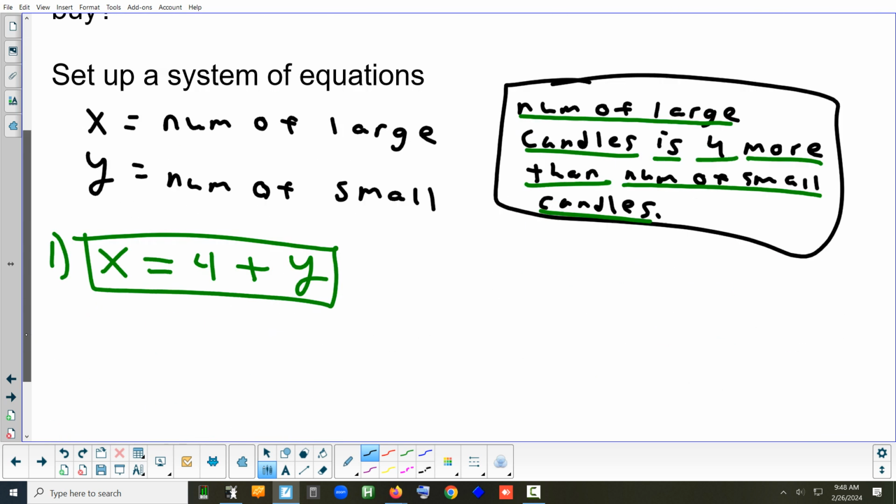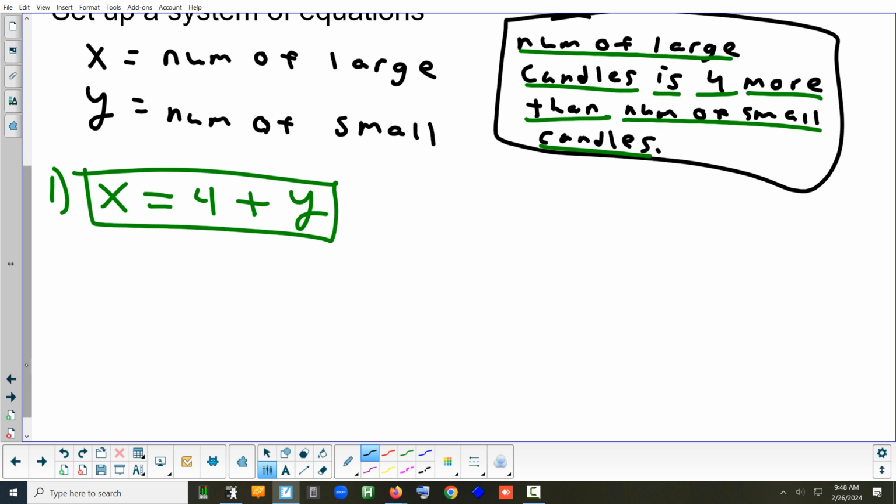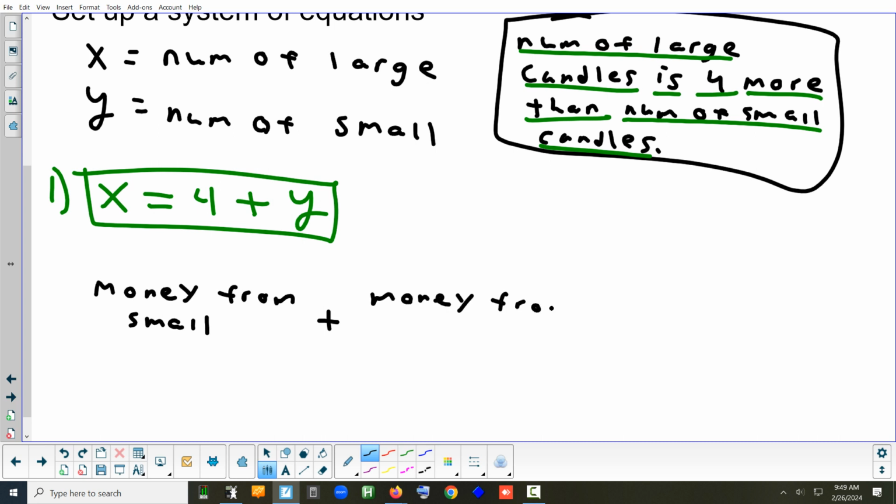All right, so let's think about that. How many types of candles are we selling? 2. What are the 2 types? Large and small. So here's kind of the idea. We know that the money from the small candles plus the money we make from the large candles equals something.